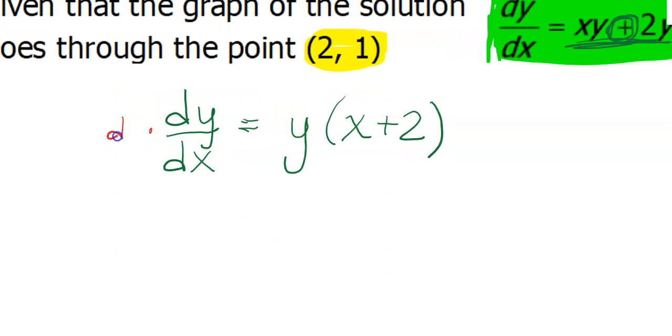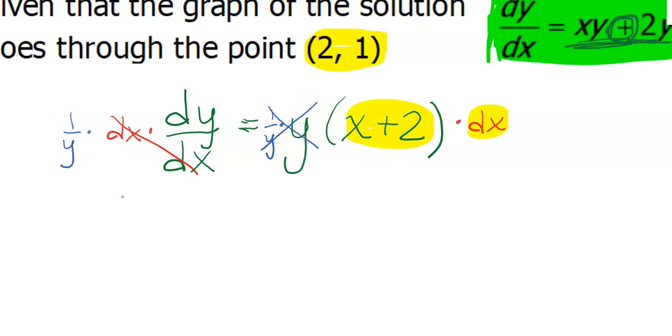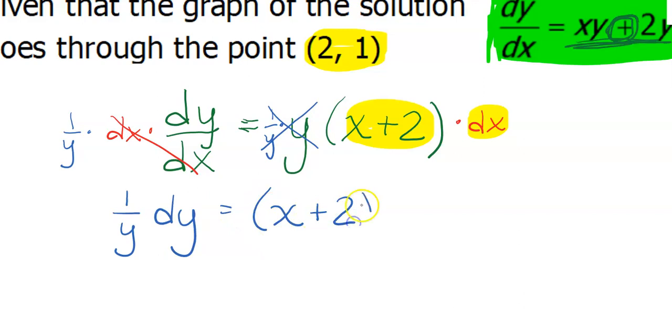I can multiply both sides by dx, as we usually do. So the dx is fine now. The x plus 2 can stay where it is. And then I can divide both sides by y, or I'll say I'm multiplying both sides by 1 over y. It means the same thing. And we have this.